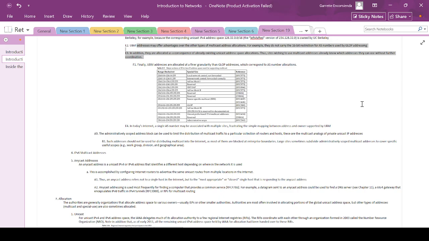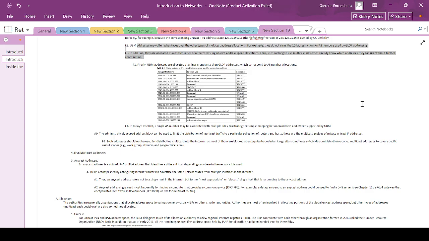So the reason is it is already allocated using this unicast address space allocation, meaning you're able to convert it to UBM. So it is convenient.